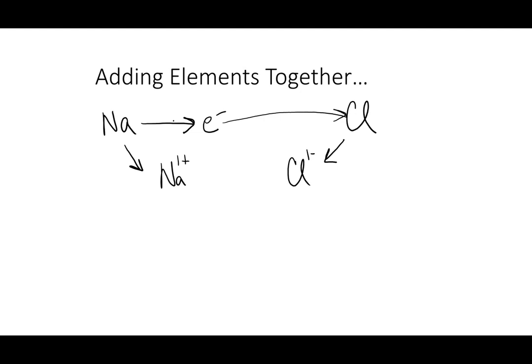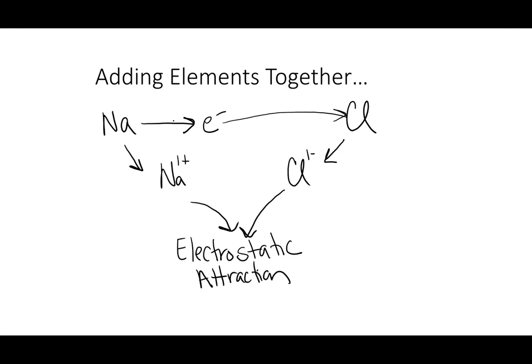When these two ions come together to form a chemical bond, they come together by what we call electrostatic attraction. That is just a fancy word for positive is attracted to negative.